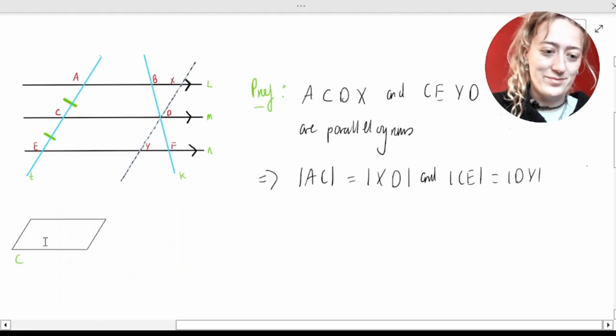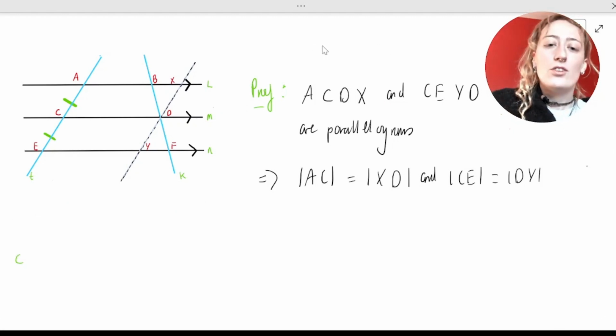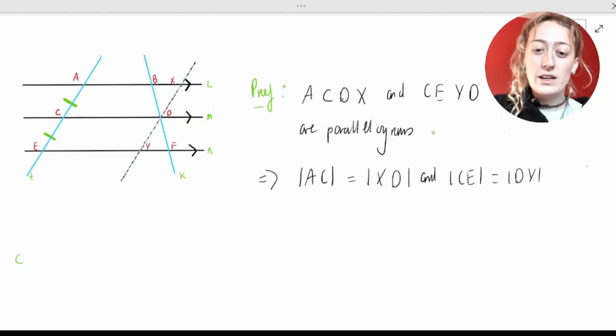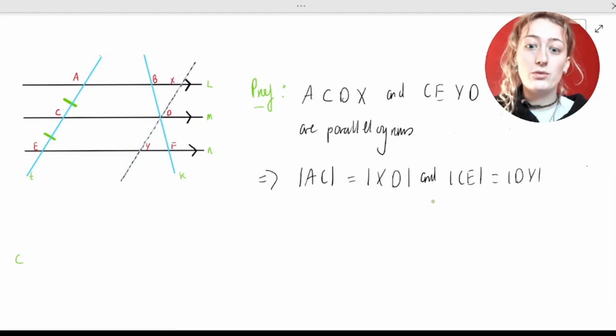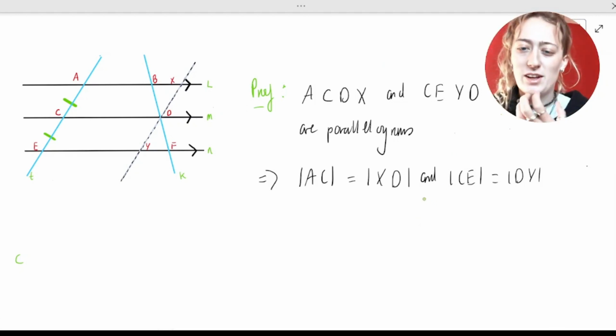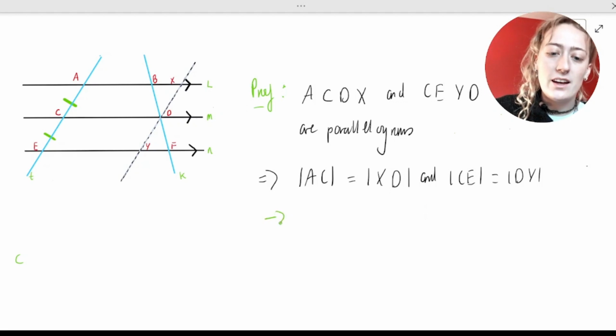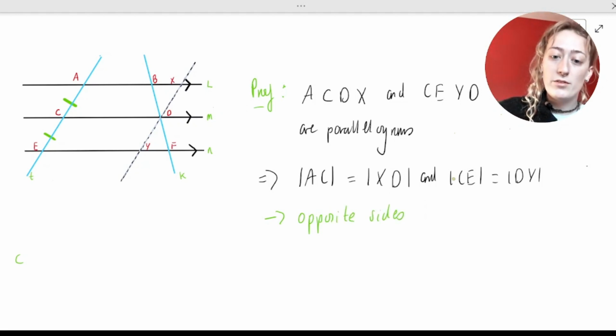Now if I can get rid of this. Okay. So just to mark in, for the reader or for the examiner, whoever's looking at your proof, we can't just say a statement, we also have to tell them why it's true. So underneath that, I like to write in a different color pen to make it very clear, this is due to opposite sides. Okay, I write down my fact and I state why it's true.